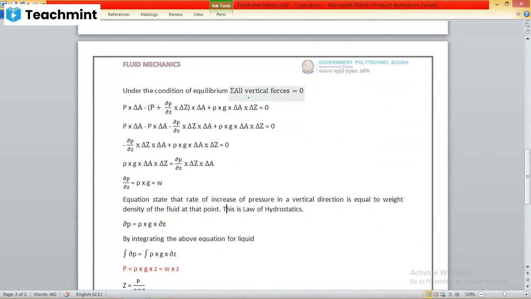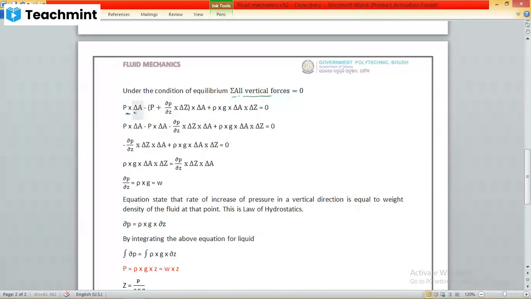Out of four types of forces, we will consider three forces, as the three are vertical forces. Under the condition of equilibrium, the sum of all the vertical forces is zero. You know that is one condition of equilibrium.